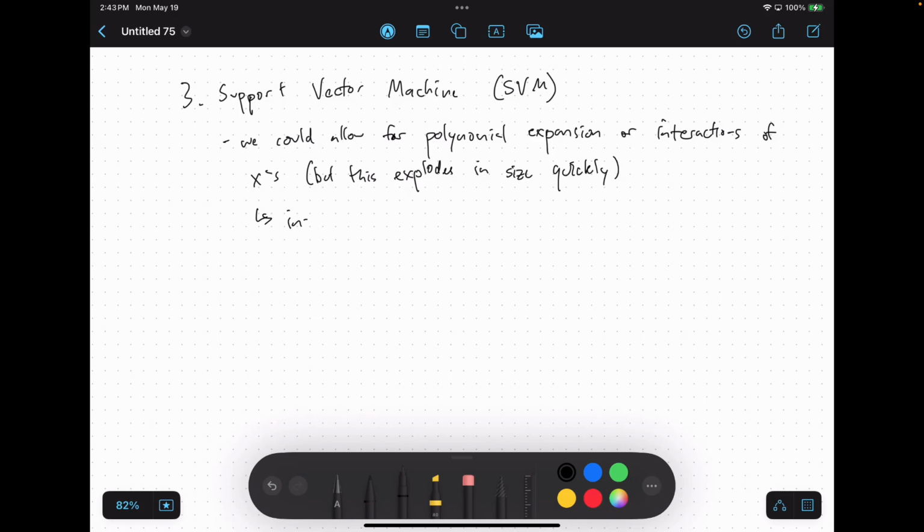So instead, we can modify and generalize computation of the support vector classifier.